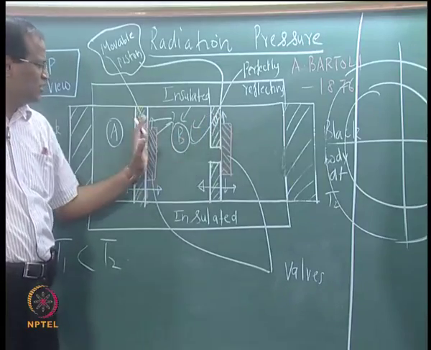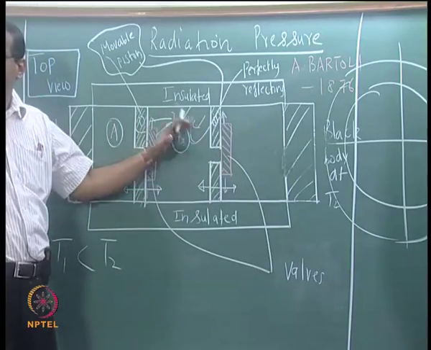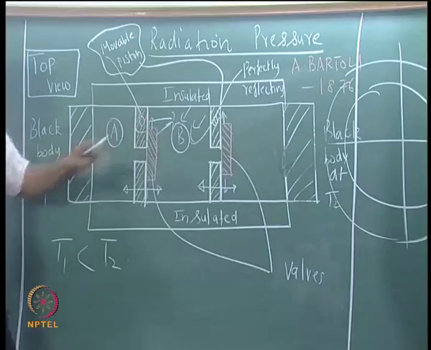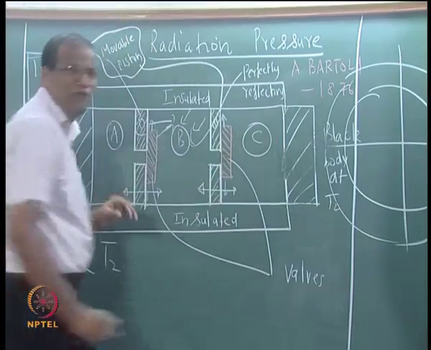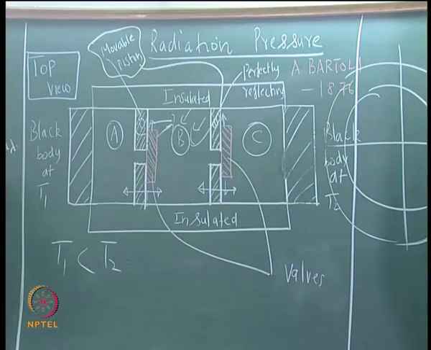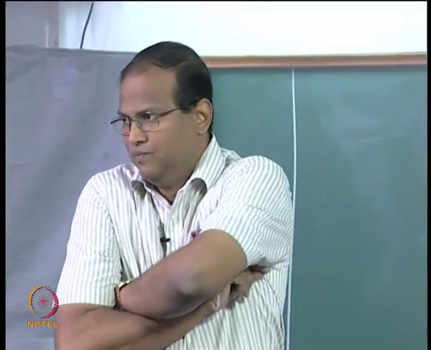So this is closed, this is open, so now this whole chamber, A and B, are now filled with radiation corresponding to black body radiation at a temperature T1 in Kelvin, okay.